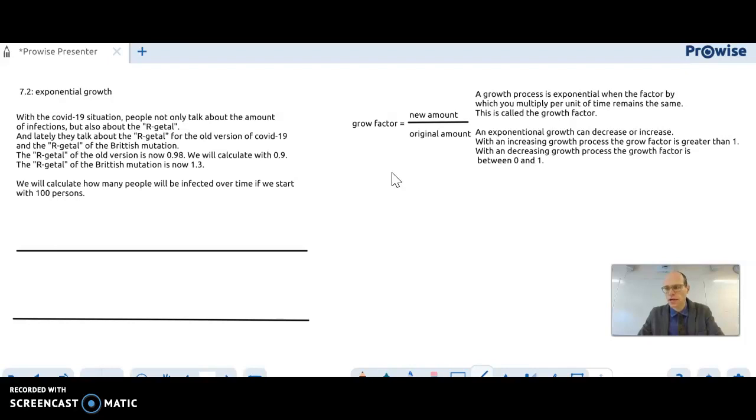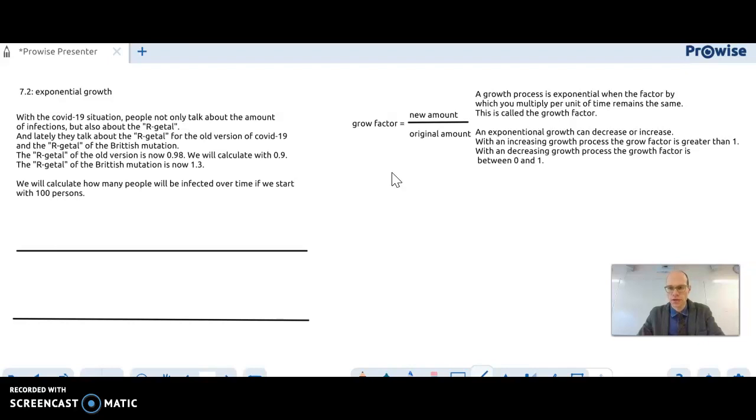If, for instance, we start with 10 and each day we multiply by 2, so each day it gets doubled, then you start with 10, next it's 20, then 40, then 80, then 160. You can see it starts to grow slowly and then rises quicker and quicker. That is called exponential growth.